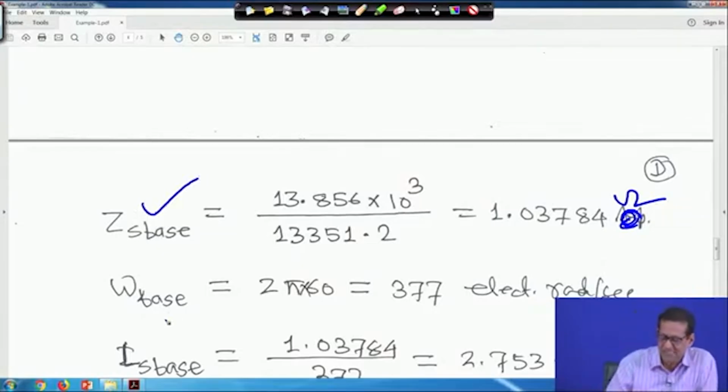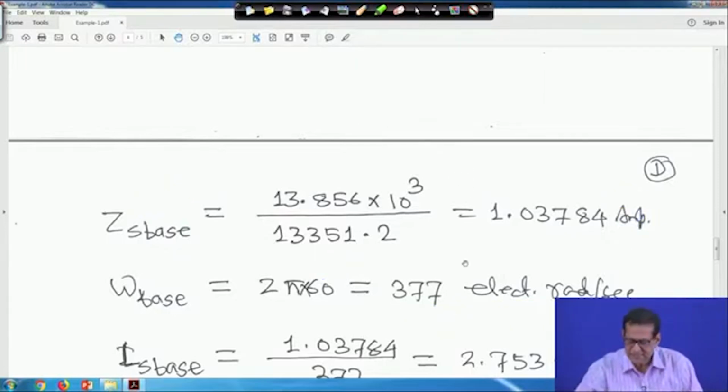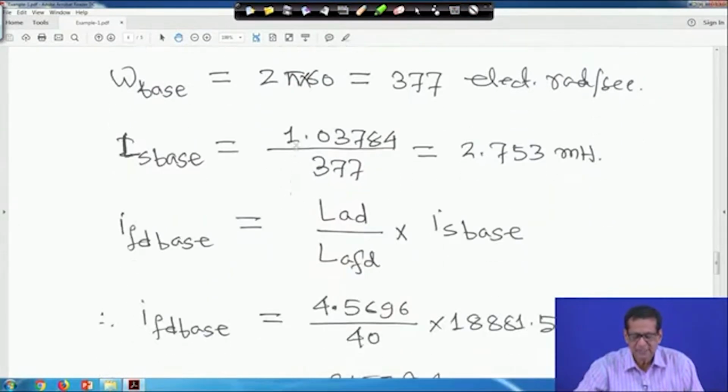Now, omega base is equal to 2 pi into F base, this is 60 hertz, so that is 377 electrical radian per second. Sorry, this is LS base, not IS base, because in dimension, Z in ohm is equal to L into omega.